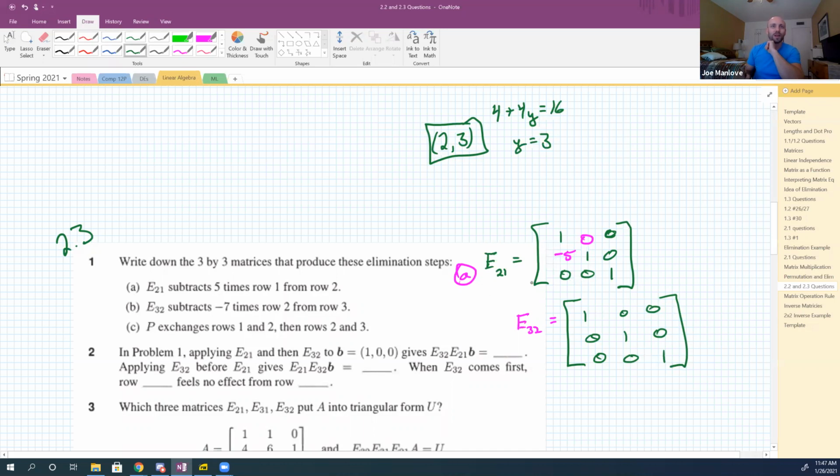If I want to subtract from the rows below, I need to put them underneath the diagonal. At least that's my guess. So I'm supposed to subtract 7 times row 2 from row 3. So my guess is that that's going to go in either, let's see, this spot here or this spot here. Does that thought process follow? You guys see why I'm picking those?